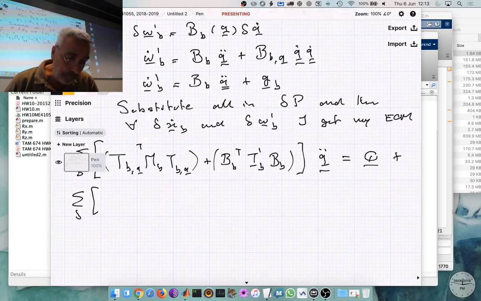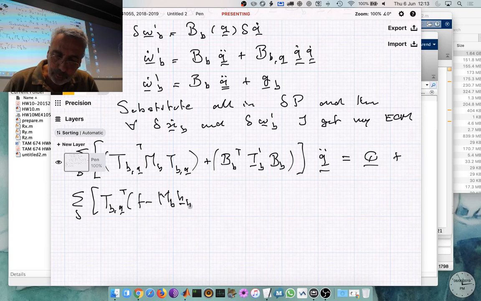The right hand side of this guy is again this T_B,Q transpose times the forces minus M_B and then these convective terms, remember? And then the rotational part is this B_B transpose times the torques applied.